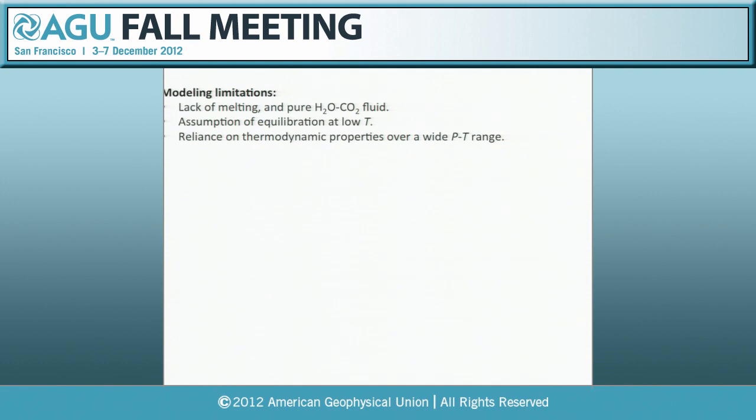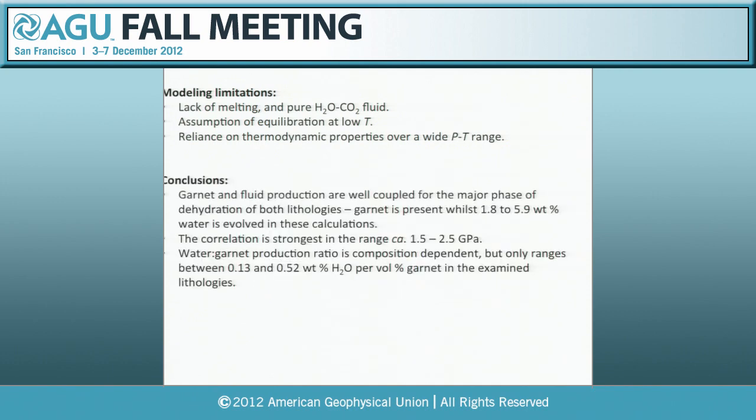But the modelling limitations, I don't think, really detract from the key conclusions, which are that garnet and fluid production are clearly very strongly coupled for the major phases of dehydration in both rocks that we've been looking at. And that garnet growth is a witness to dehydration, or production of a really substantial amount of fluid in those calculations.